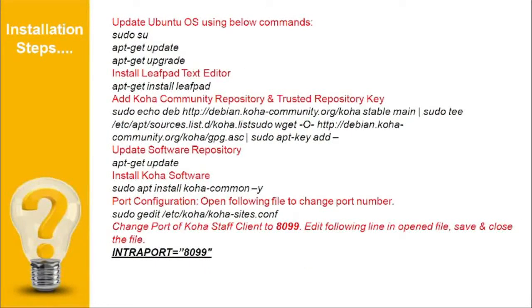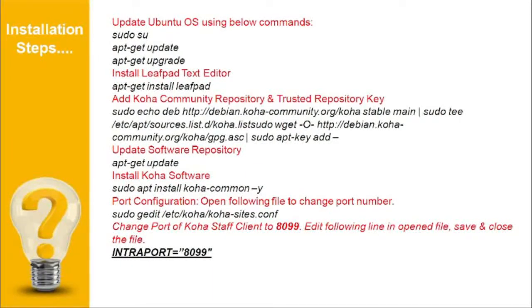I'm not going into detail about the installation steps, as we all know how we can install Koha. These are the common steps that are taken, actually from the Koha wiki, Koha community.